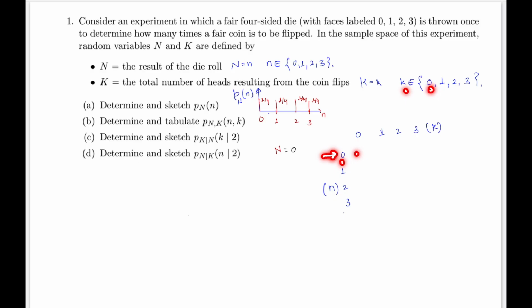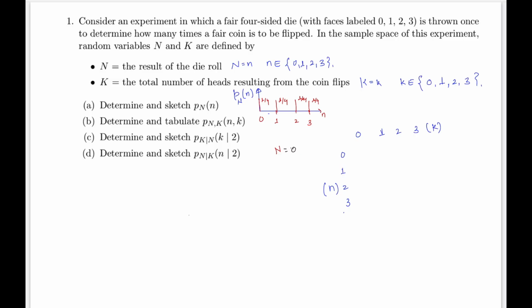There will be no point of talking about n taking the value 0 and k taking the value 1. So these will be impossible events, right? So we will be just talking about this probability in this case, and these will be assigned 0 probabilities, right?